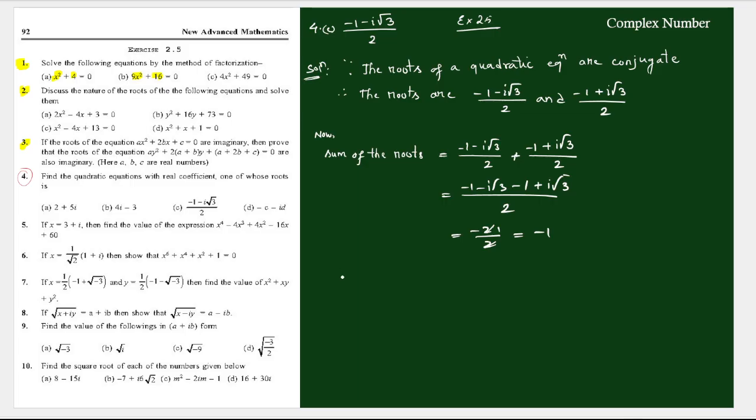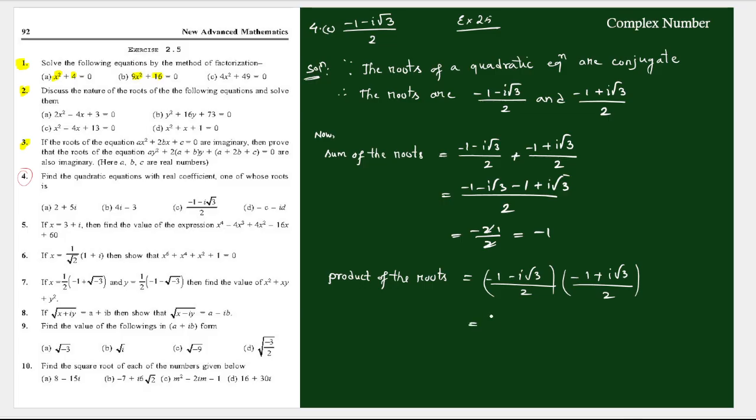ठीक इसी तरह अभी प्रोडक्ट ऑफ द रूट्स निकालो, -1 है ना, -I√3/2, then -1 plus I√3/2.